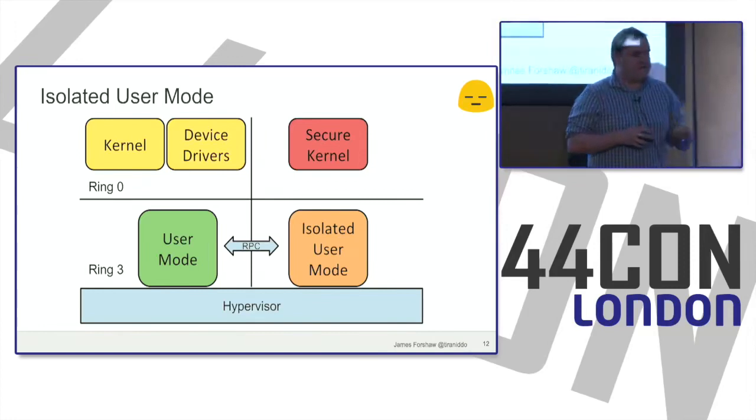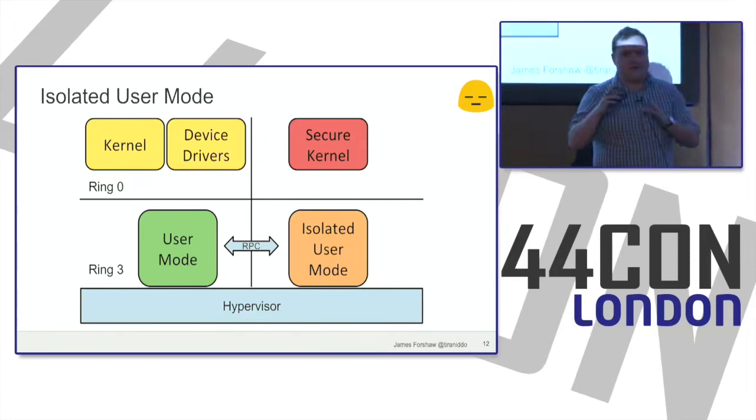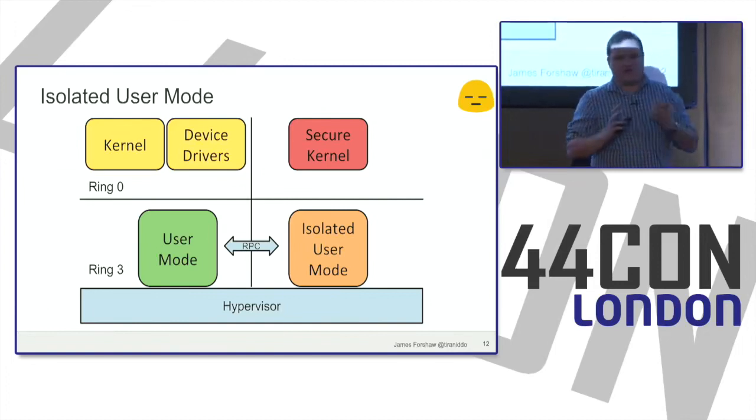But the interesting thing is, what it allows is to separate out some user mode code from other user mode code, even if you were able to compromise the Windows kernel itself. And that's an interesting feature. Any communication between, say, user mode and isolated user mode is over some sort of prescribed RPC channel, which is then a narrow barrier which you can perhaps contain and assess more easily.